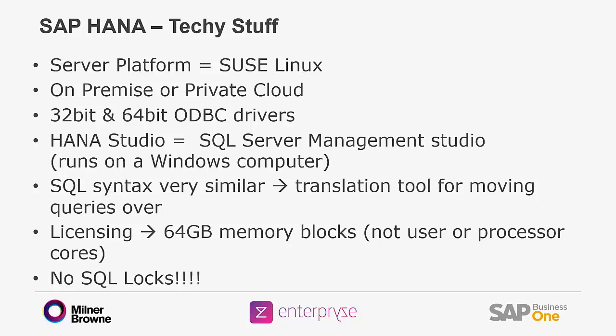If you really want to be safe, then you might have 2 blocks of memory. Whereas with Microsoft SQL, you've got a choice. You either do it on user or processor cores, and it's becoming increasingly hard to work out and actually expensive as well. So licensing is very straightforward and clear.